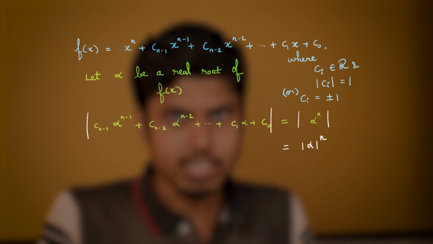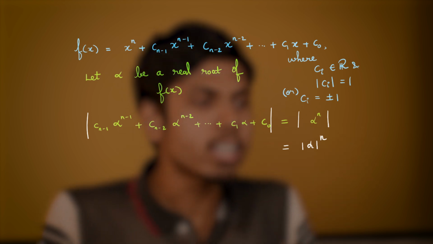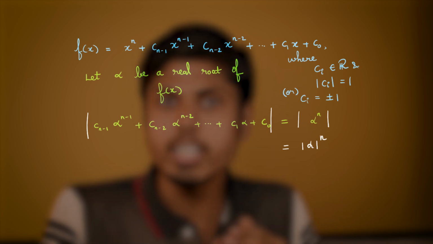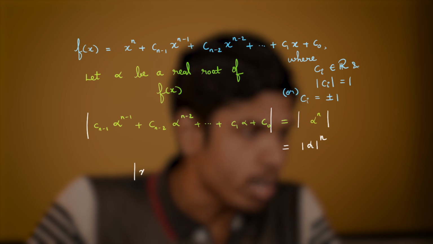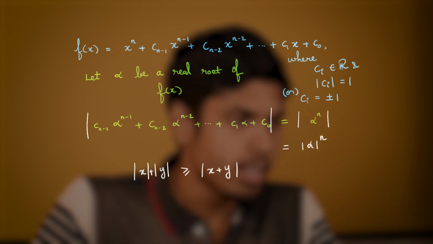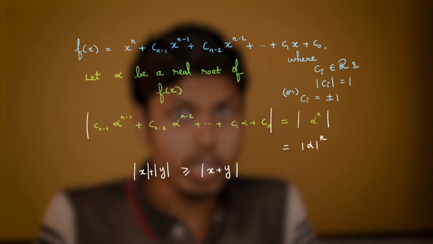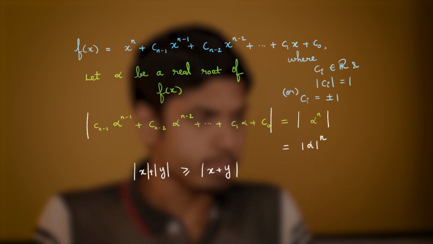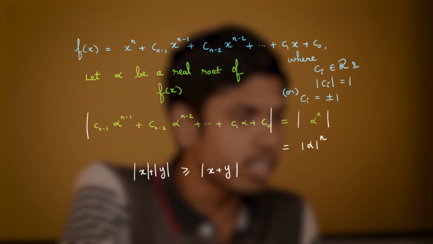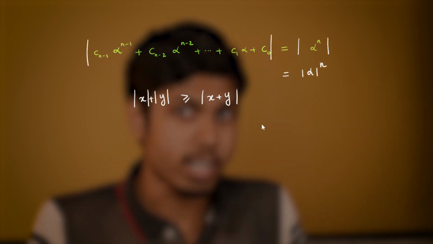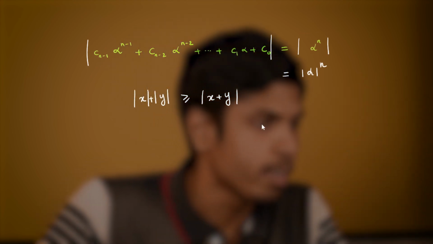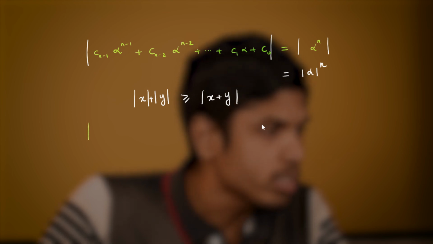So we have the LHS as it is, and let's apply some inequality that we are already aware of. We are aware that mod x plus mod y is greater than or equal to mod of x plus y. This is true even if x and y are complex numbers. And applying this for n numbers, let's see what can be attained. So consider the modulus individually.